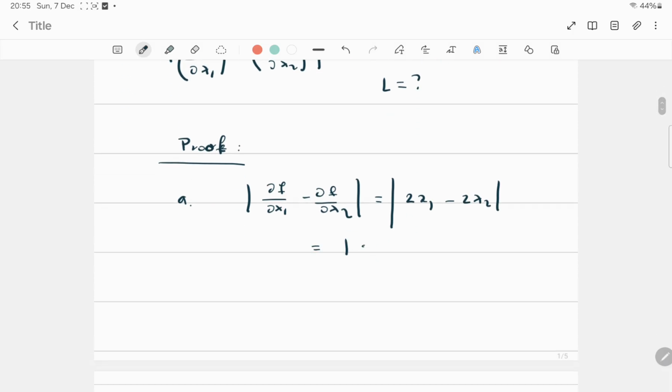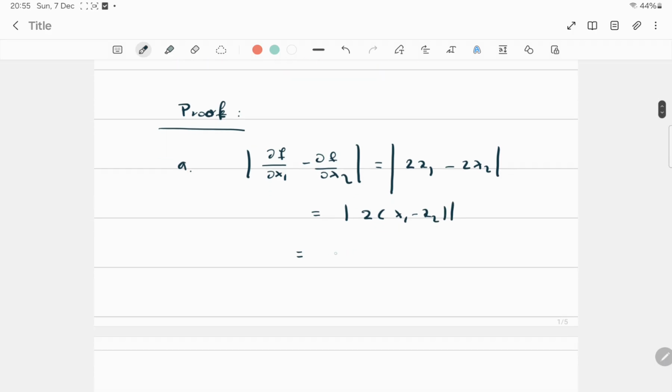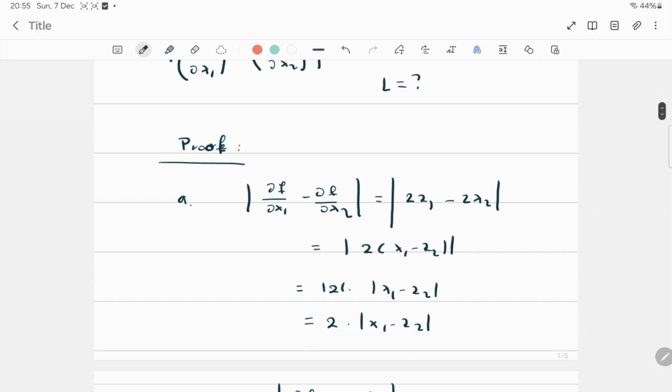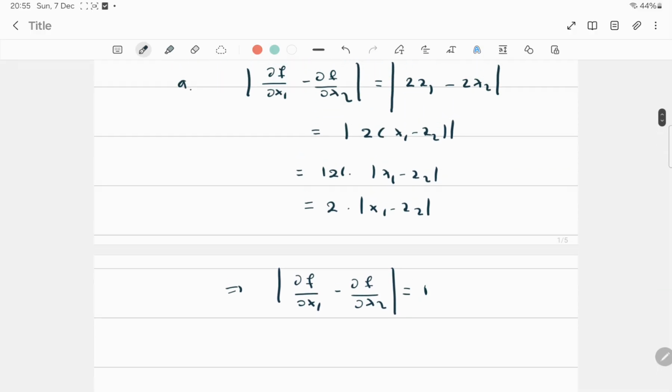So I can take the common factor 2 and I have x1 minus x2, and that's going to be the absolute value of 2 times the absolute value of x1 minus x2, and that is 2 times the absolute value of x1 minus x2. So we have that the partial derivative with respect to x1 minus the partial derivative with respect to x2 equals capital M times the absolute value of x1 minus x2, and in this case M is equal to 2.